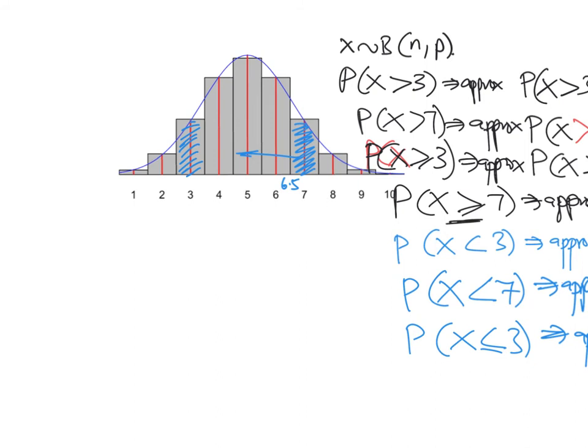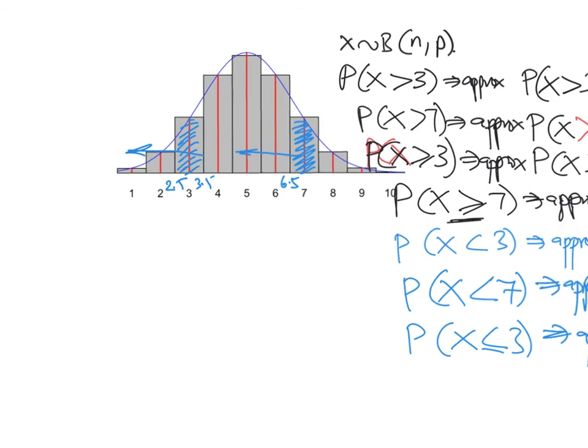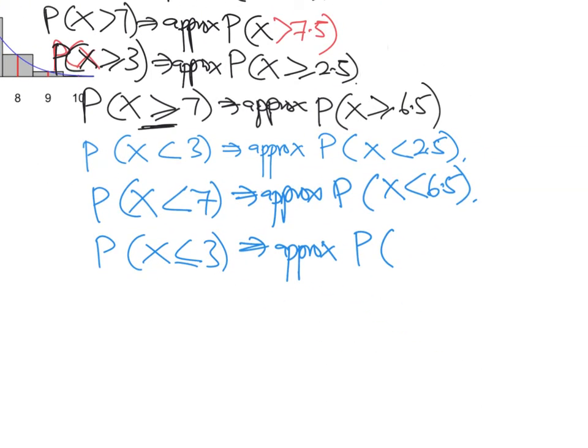This is 2.5 and this is 3.5, so continuity correction is plus or minus 0.5, and it is the value towards the left. So in this case it should be 3.5, so X less than or equal to 3 becomes X less than 3.5. And sorry, since the normal distribution is continuous, the earlier one should be just greater than 6.5. You can't have greater than or equal to, it should be just greater than 6.5.